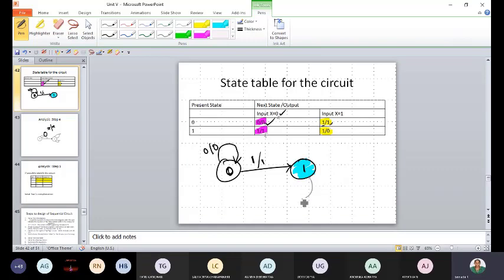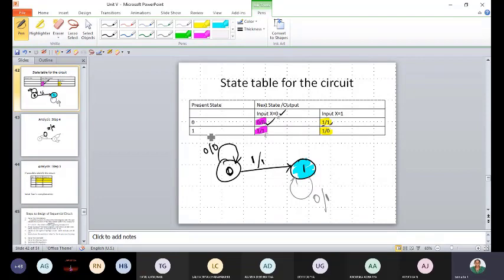So I'll be coming here only. When my present state is 1, when my input is 0, what is my output? Output is 1. And what is the next state? Next state is 1. Okay. And again, I have to come back to this.